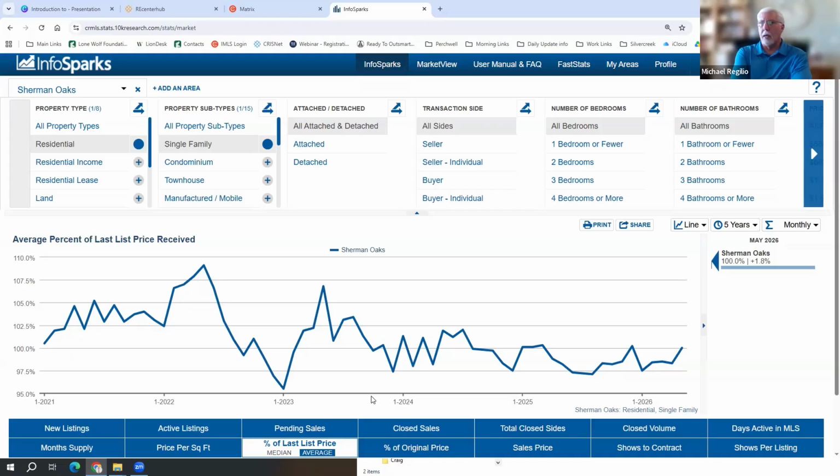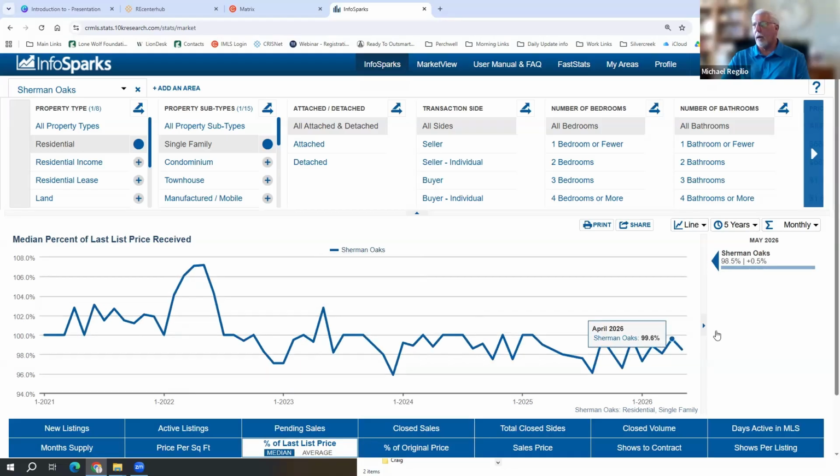So coming in with a 20% under asking price may not be the best strategy for getting your offer accepted over any other potential offers that may be there. The reason is that on average, sellers are getting 100% of what they're asking for, which means that some are getting more and some are getting a little bit less.